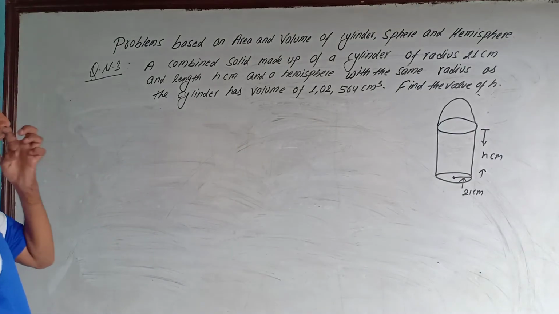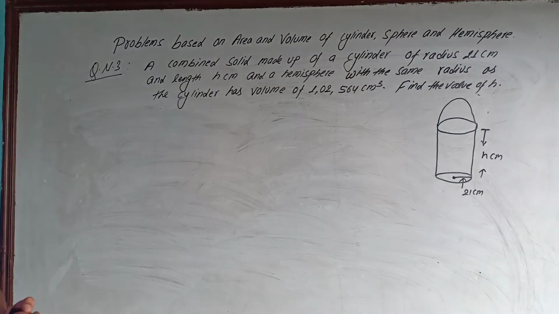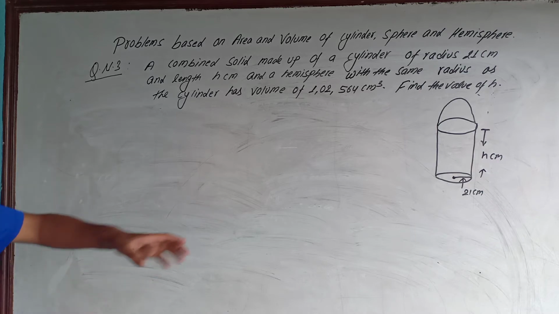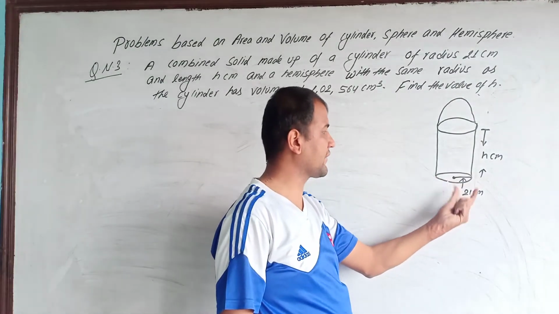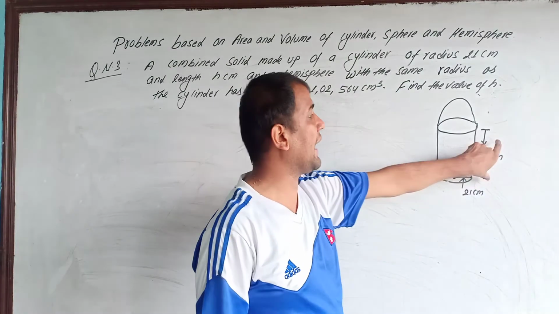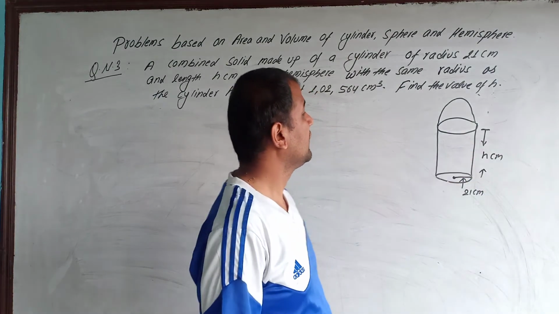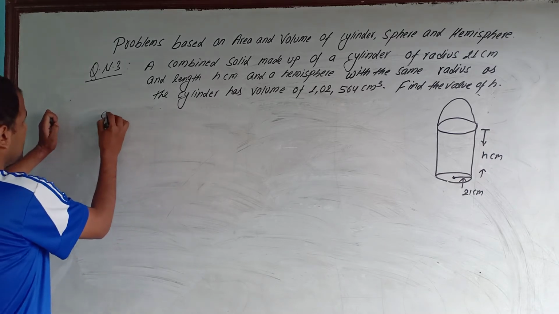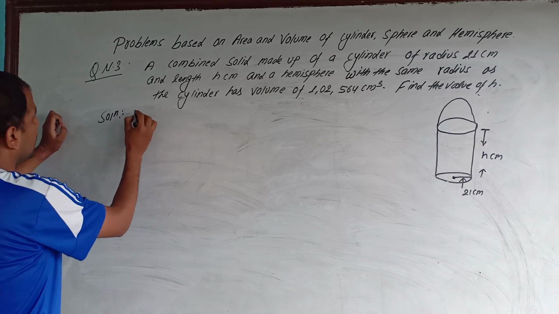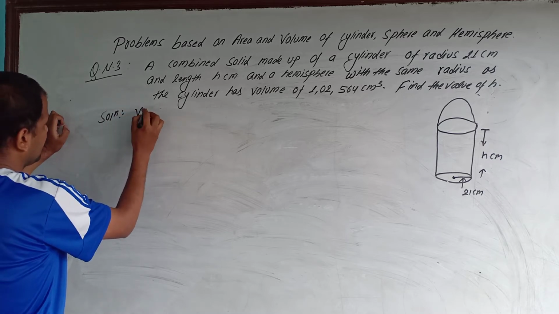That means there is one combined solid made up of a cylinder and hemisphere having the radius of the base r equal to 21 centimeter and height of the cylinder H centimeter, and a hemisphere with the same radius as the cylinder, with the given volume.